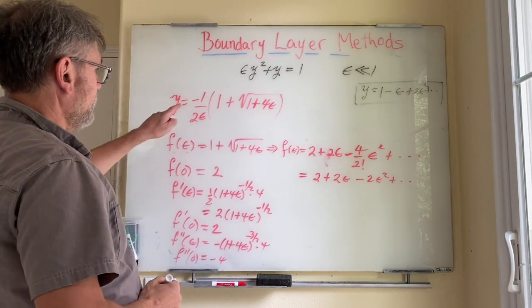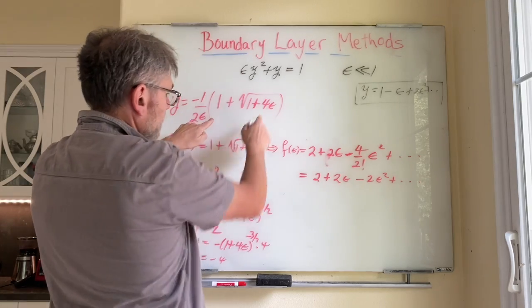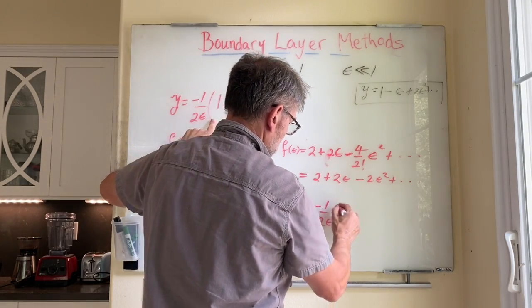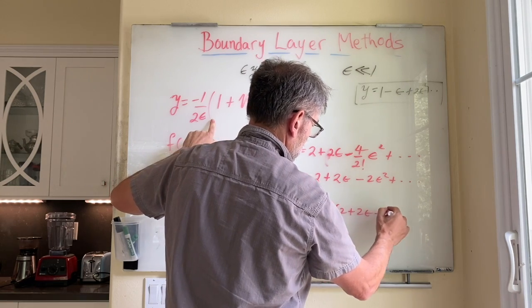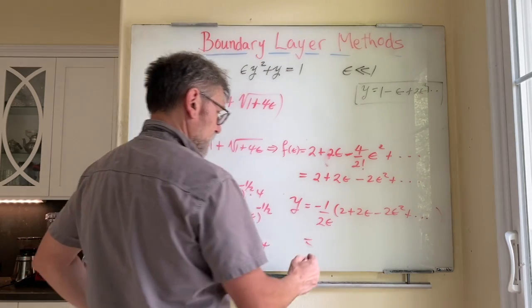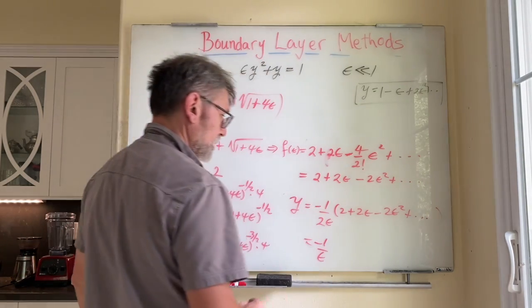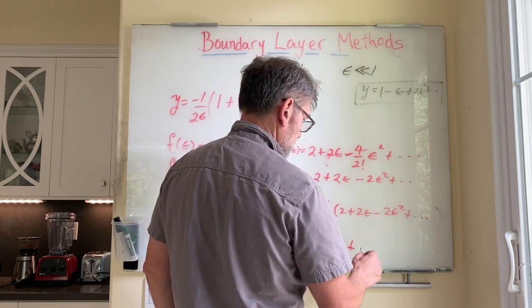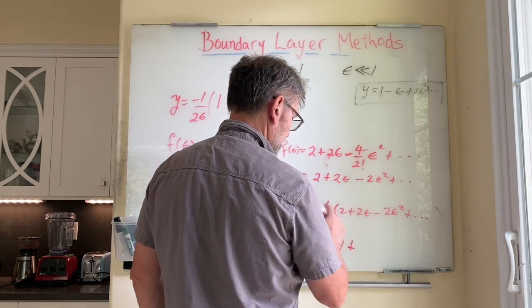Substituting this for this term in here, we get y is equal to minus 1 over 2 epsilon times 2 plus 2 epsilon minus 2 epsilon squared plus dot dot dot, which is minus 1 over epsilon minus 1 plus 2 epsilon plus dot dot dot.